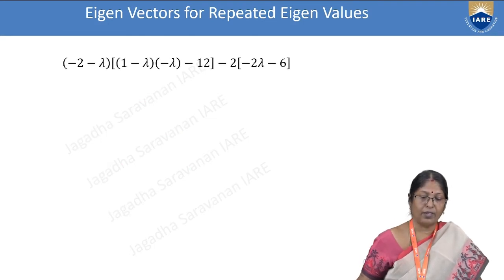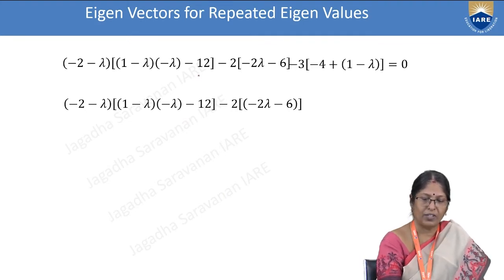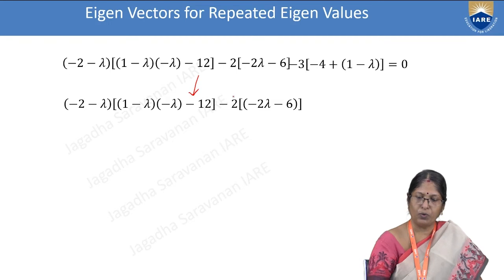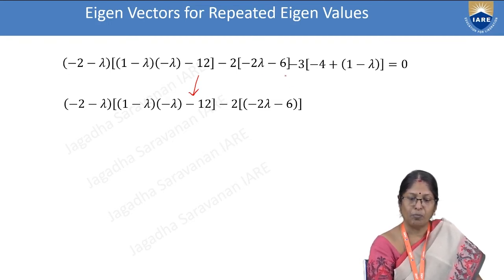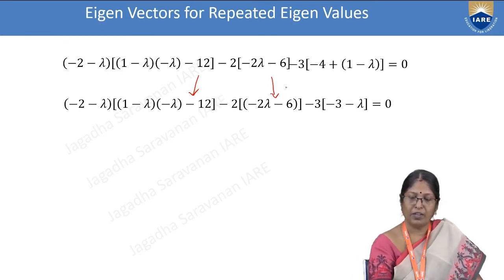It is written here as it is. Now we can see 2 minus lambda, as it is we wrote it. Here minus 2, and here minus 2 lambda and minus 6, also written as it is. Here minus 3.